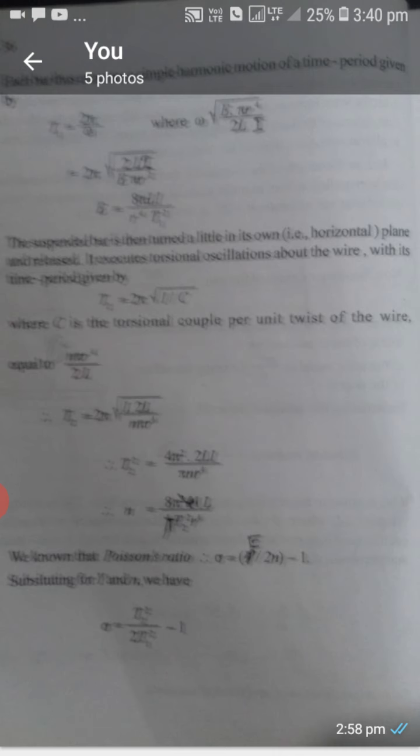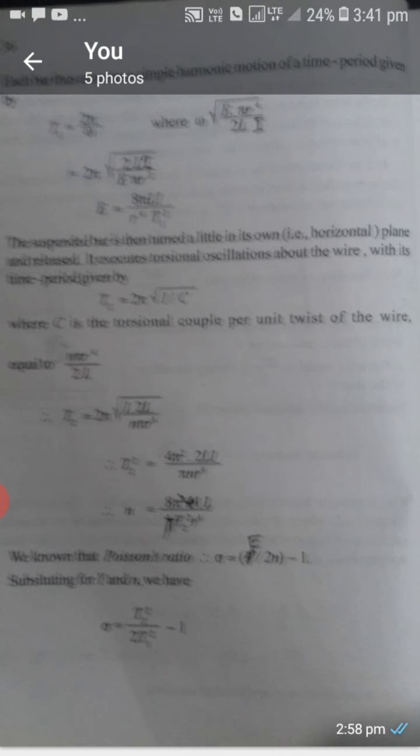E is equal to, you bring this 2 outside, then it will become 4. Square both sides, then you will get T1 square is equal to 4 pi square into 2LI by E into pi r power 4.